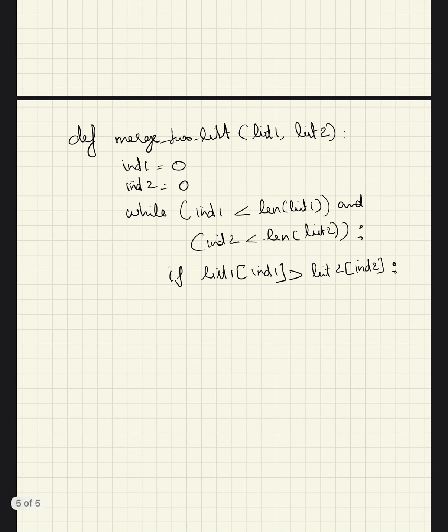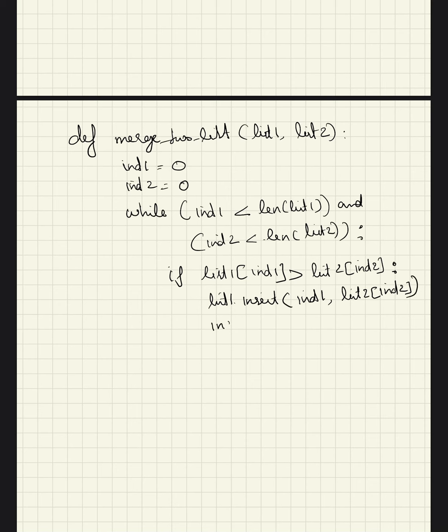So we will do list1 dot insert, and where are we inserting? We have to insert it at the position of the int1, right? The pointer being int1, and the value that we are inserting is nothing but list2 of int2, right?